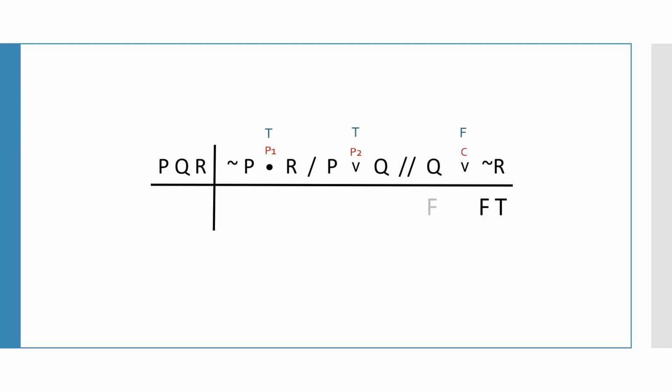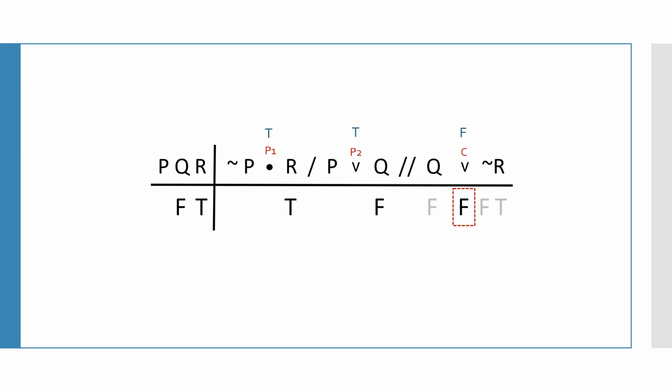I get false, false. And of course, in a disjunctive statement, when both of my terms are false, then it makes this a false statement. And so the total value of this conclusion, with the ascribed truth values of Q being false and R being true, is now false.